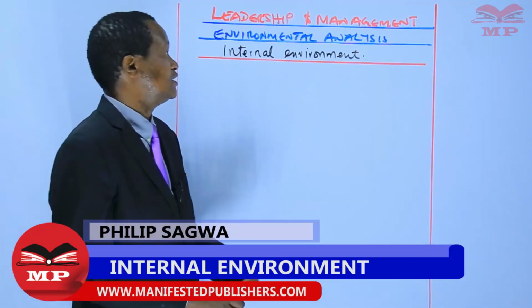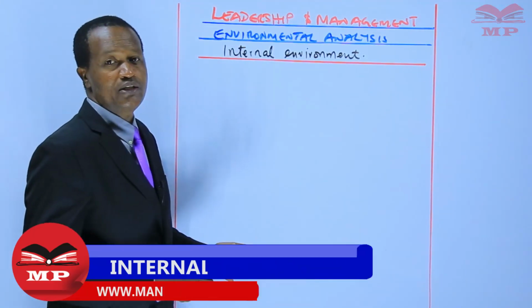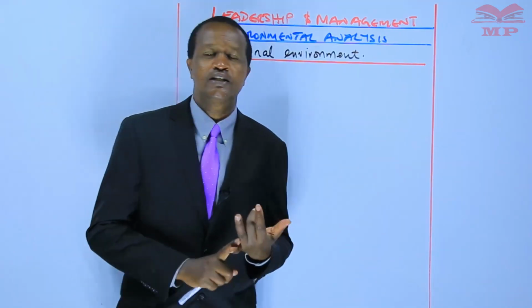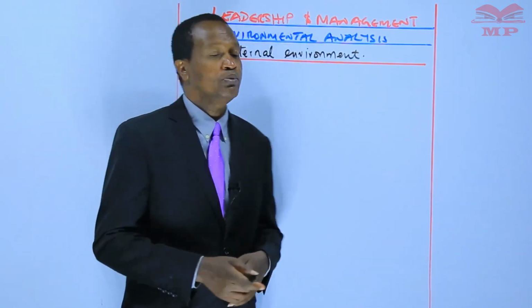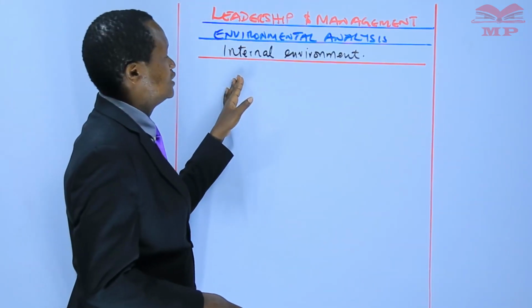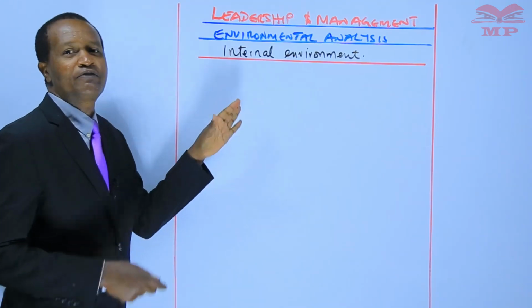The chapter is environmental analysis. In our last session, we defined environmental analysis. Then we studied the macro and micro environments. Today, we move on to another section of this topic, which is the internal environment.